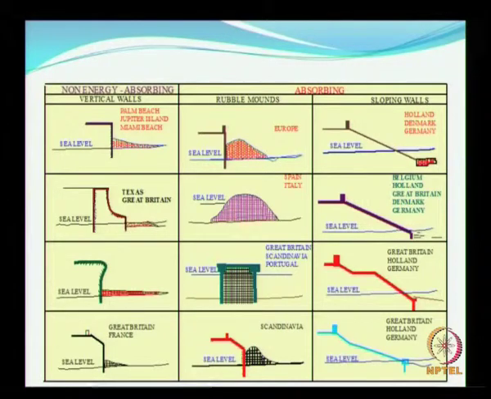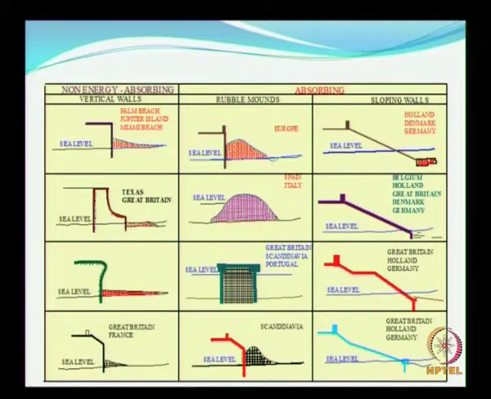So, when the waves propagate, this mound offers enough resistance to the propagating waves, energy is dissipated because of the permeable medium, and less energy is going to attack, or this wall is going to experience lesser wave force.